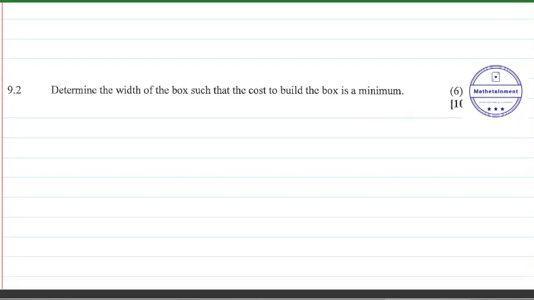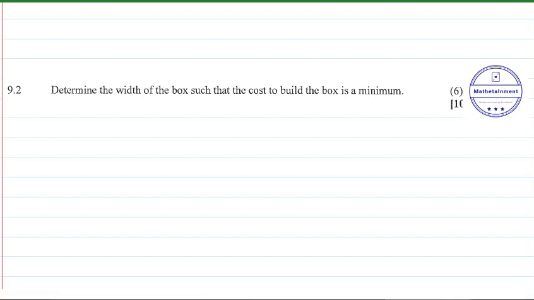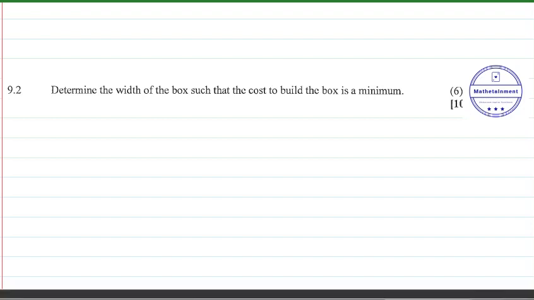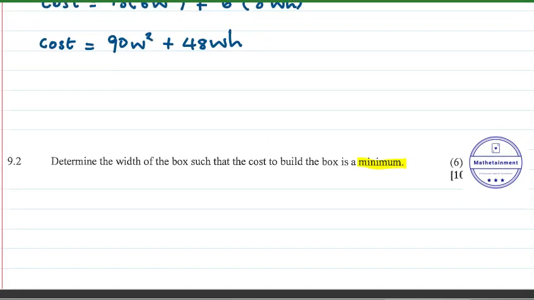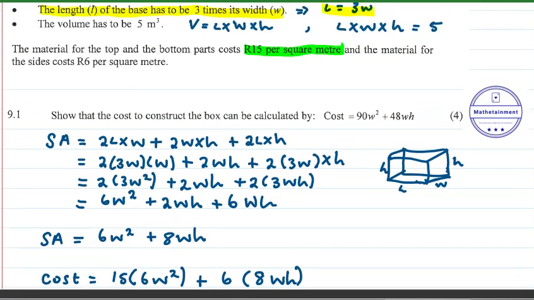Here we are required to determine the width of the box such that the cost to build the box is a minimum. All right, let us underline this part. Okay, here it's a minimum. So suppose you are given this contract. You are a construction manager.